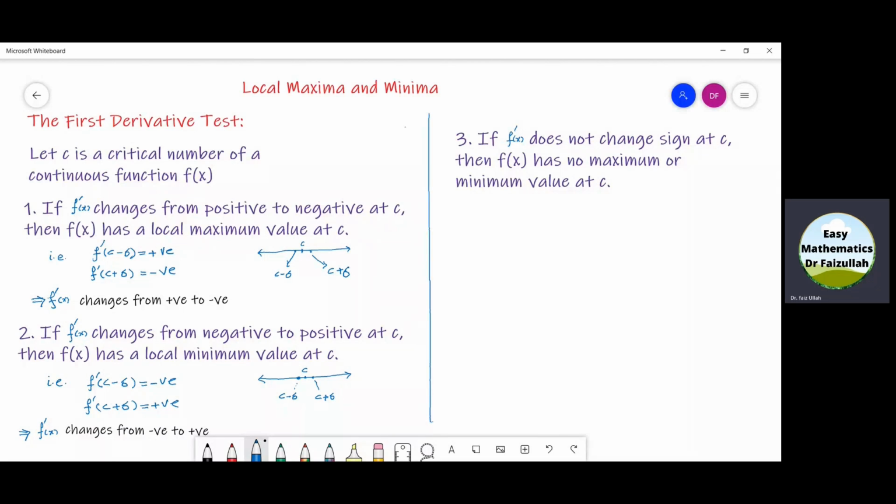If we find the maximum and minimum values not on the whole real line or not on the whole closed interval, only in some small open interval, then those types of maximum and minimum values are called the local maximum and minimum values.